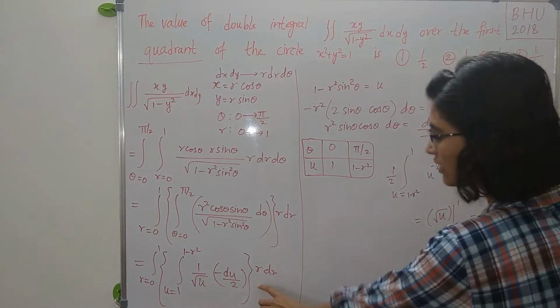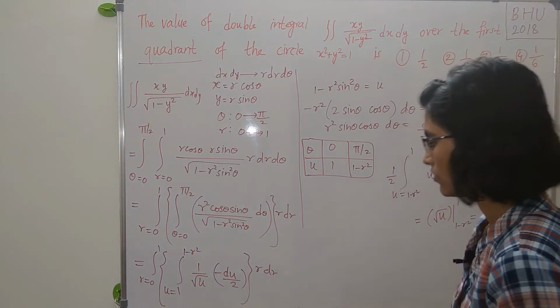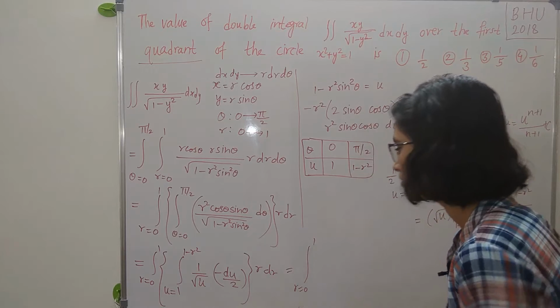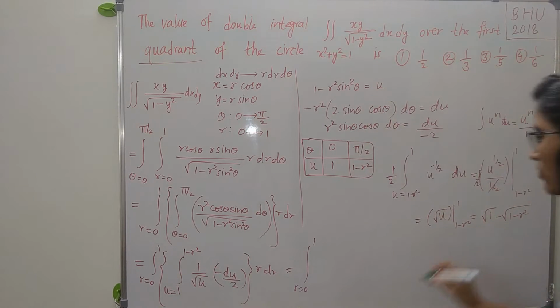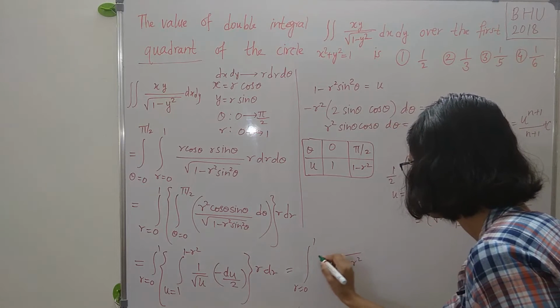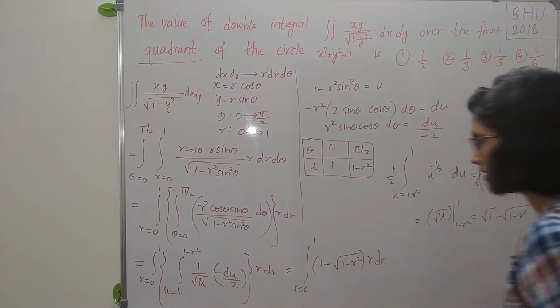So let us put this value here. This is just equal to, r is from 0 to 1. Now this integral is the same as this. So this is square root 1 is just 1, minus square root of 1 minus r square into r dr as it is. So let us solve it.